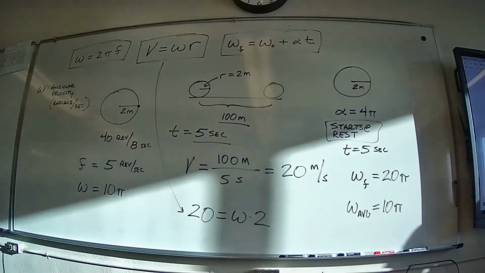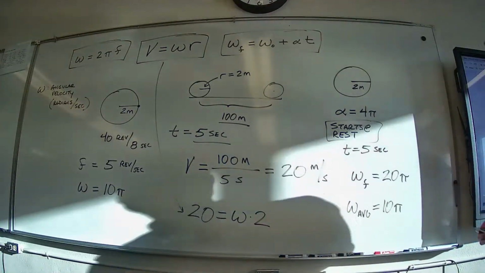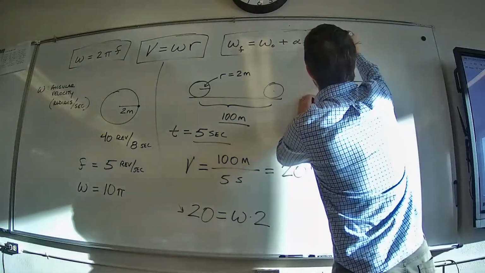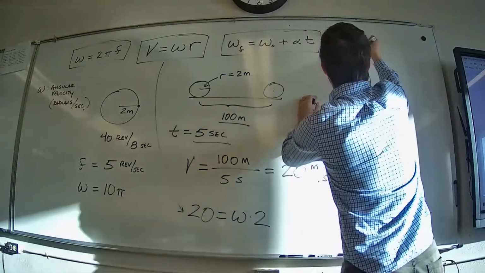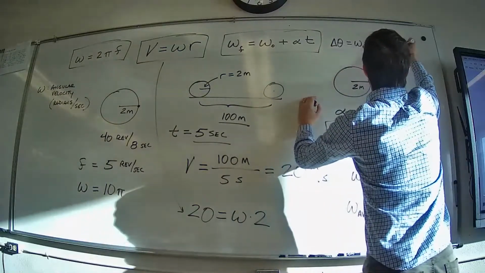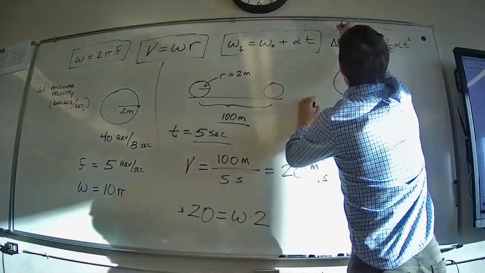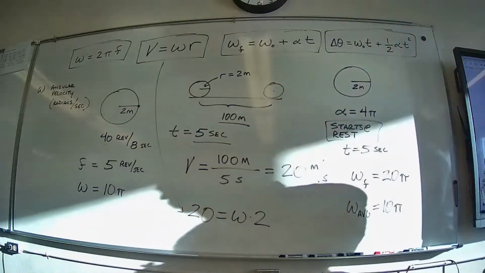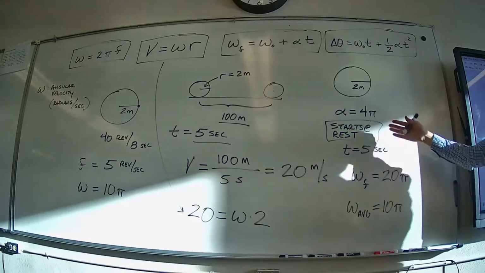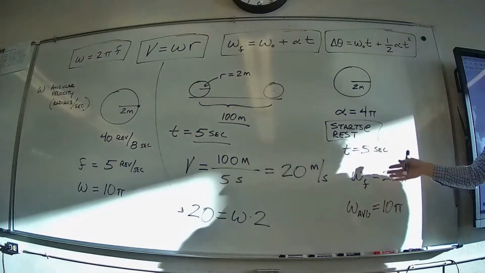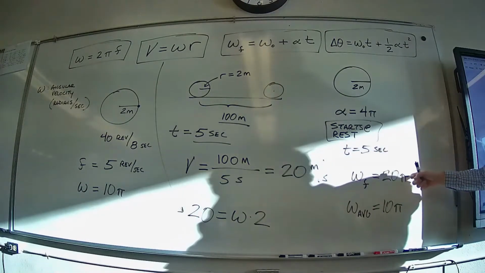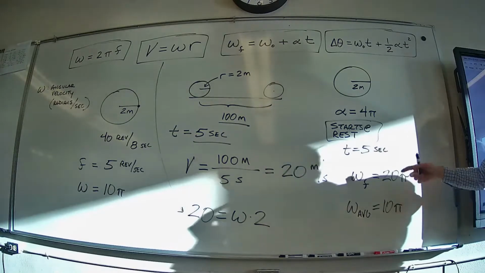Is that the only way to do this one? No. You could have also used this formula. Starting to run out of room here, but that's okay. So the other method, you guys might prefer this method. Because that was about 3 steps of work, maybe it's 4 steps.